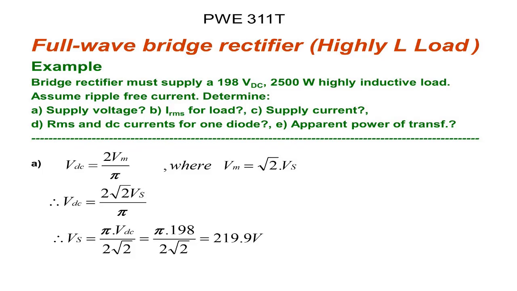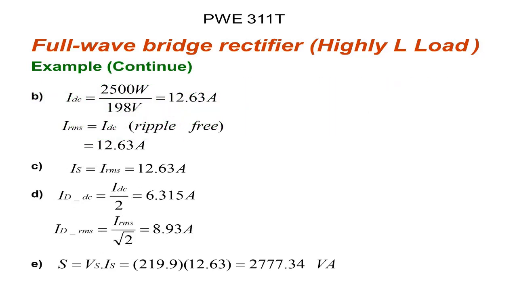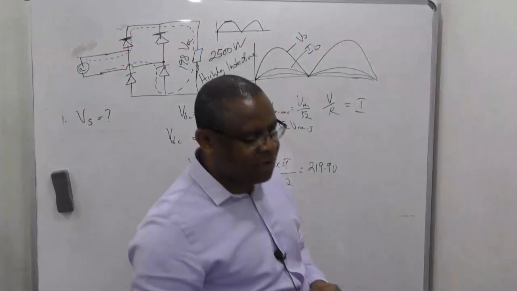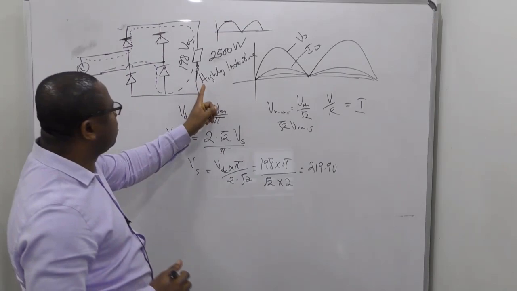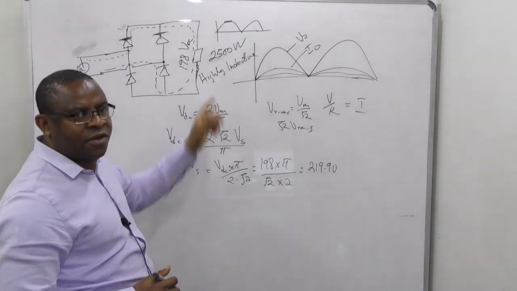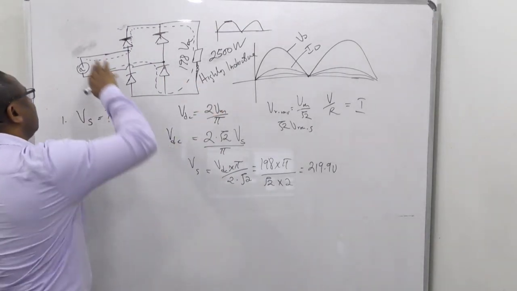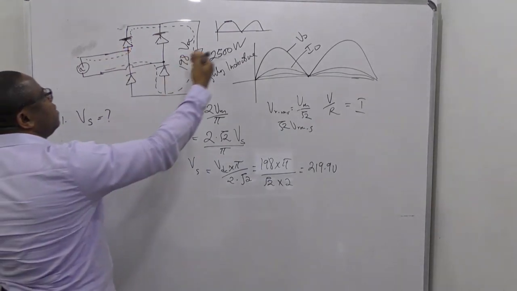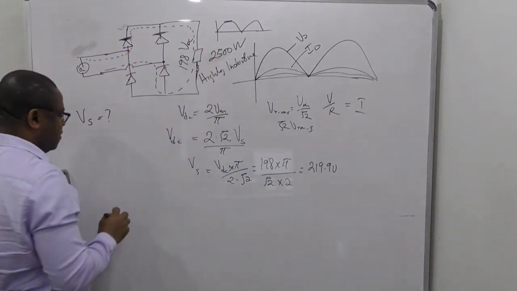Next question, we are asked to calculate the IRMS for the load. Since this is purely inductive and it's ripple free, it means that IRMS here equals IDC.